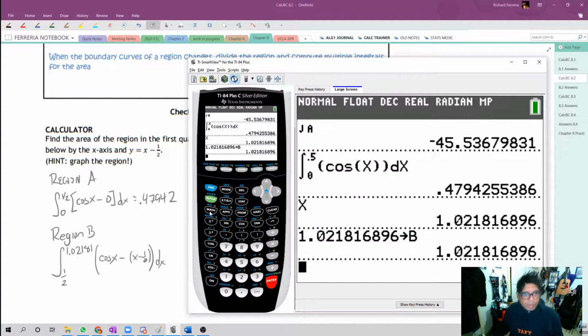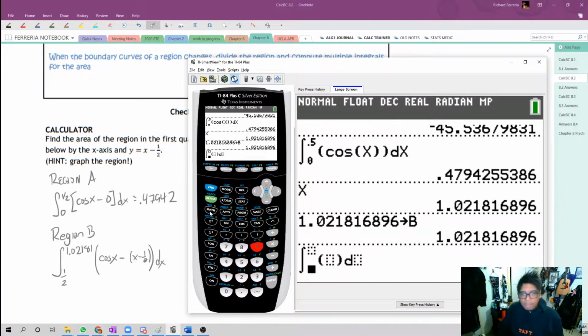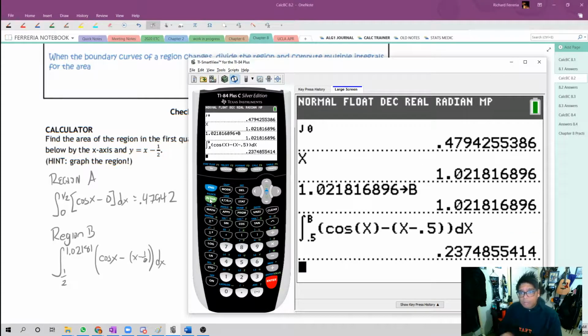So we're going to now integrate from 1/2 to b. The function on top was cosine x. The function on the bottom was x minus 1/2 dx. All right, 0.23748.